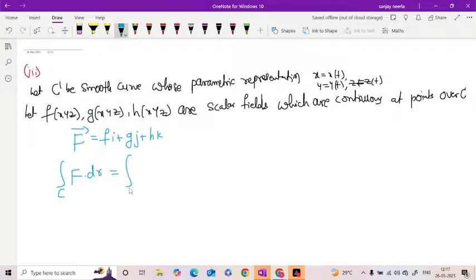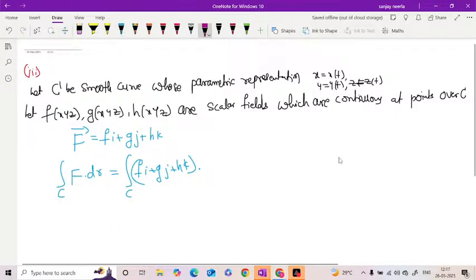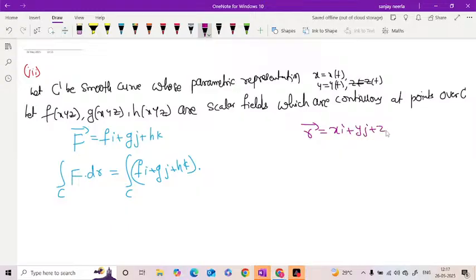Here integral over C of fi plus gj plus hk dot dr. What is our r here? r is the position vector, that is xi plus yj plus zk, but dr means just differentiate: dxi plus dyj plus dzk.